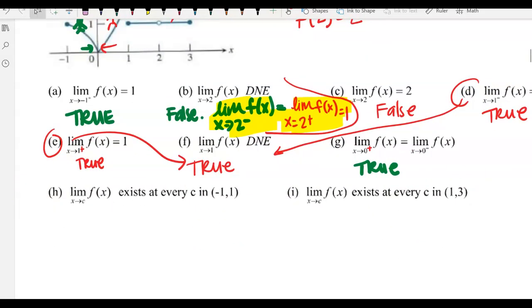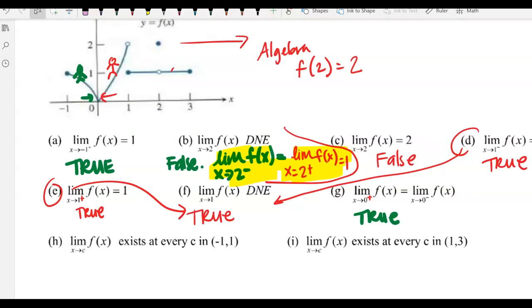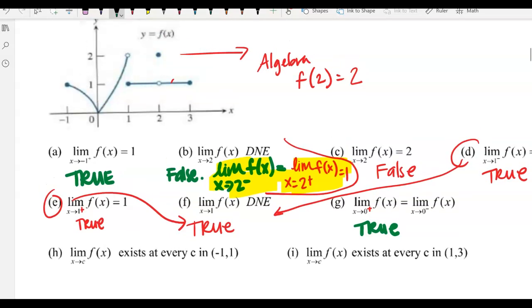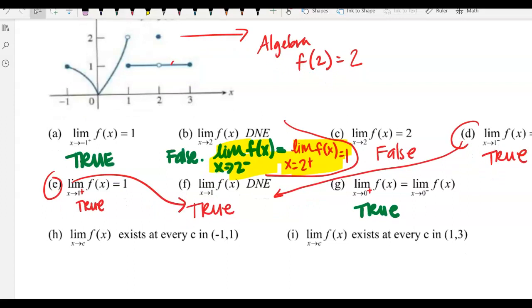All right, H. The limit as x approaches c of the function f of x does exist at every c when c is in between -1 and 1. So let's talk about that question before we type. Can you guys see that it doesn't have a bracket?